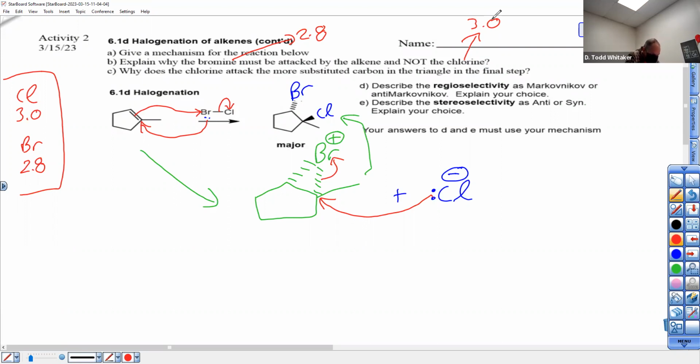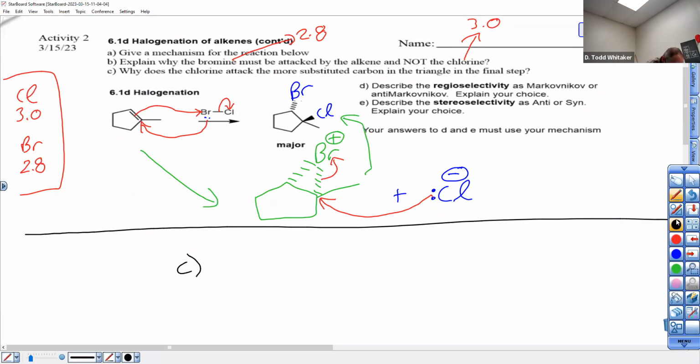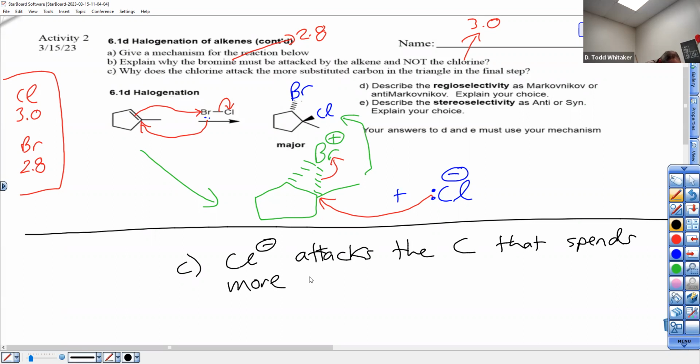And why does the chlorine attack the more substituted carbon in the triangle in the final step, which we just did? Here's your answer for that. C. It's outside of the mechanism, so C. Cl minus attacks the C that spends more time as a cation due to hyperconjugation.